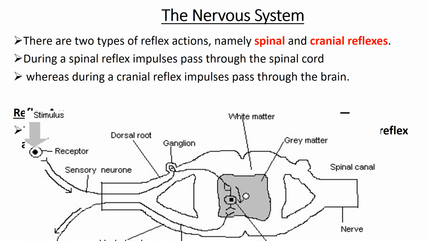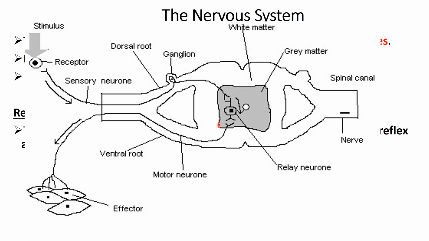So let's take a look at this diagram. Let's say an object is approaching your eye. The receptor in your eye is going to detect this approaching object. Once it detects, it's going to convert this information into an electrical impulse, which is going to be collected by the sensory neuron, which is going to travel till it reaches the central nervous system.